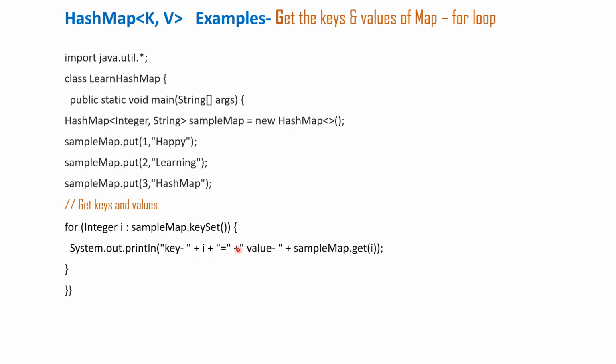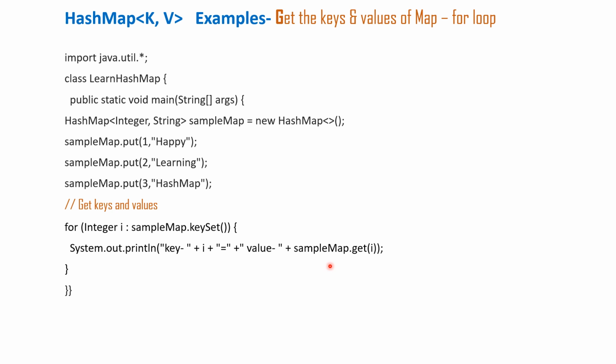So I, and equal to, how it should be: key 1 equal to value should display to us. So accordingly we have to write in the println statement. So value, sample map dot, here we have to get the value. From the for loop we are directly getting the I, right? I value is nothing but all the keys it will print for us.